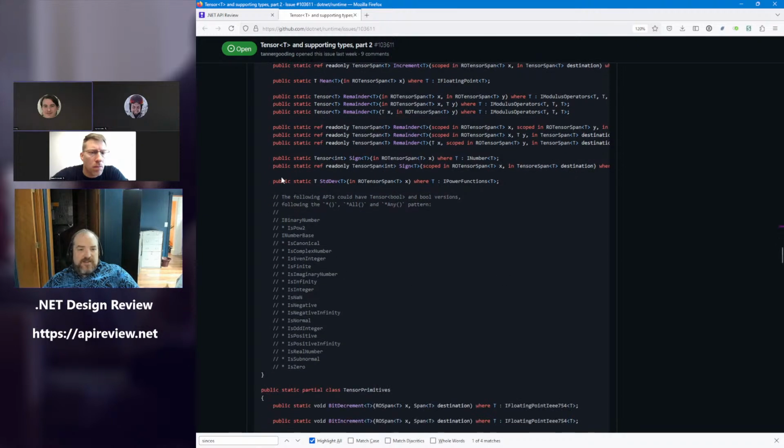All right. The next set here, I explicitly called out, but I didn't spell it all out. We have a number of APIs that allow you to query properties about the underlying numbers. Much like the relational operators, they return bool, and therefore would have the tensor of bool, the all, and the any overloads. There's also a pending proposal for exposing these on the vector types as well, because they're very much needed there.